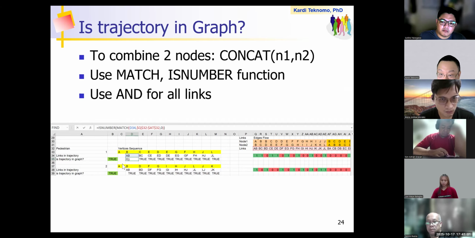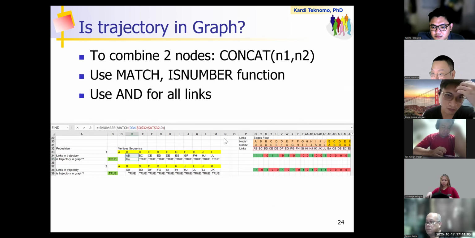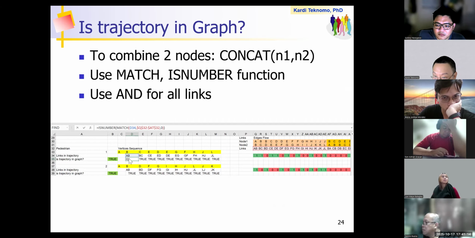Then you check whether this link is actually in the trajectory or not. This is the trajectory, so I put it there. And then this is the link. Then you check whether this link here is represented in the links of the trajectory. If yes, it will say true.